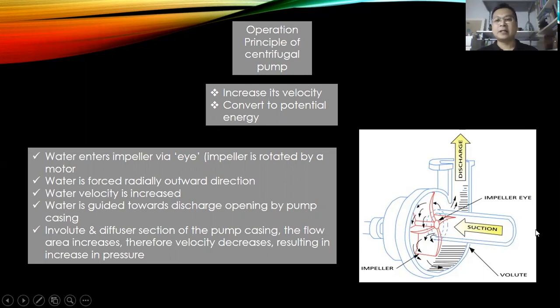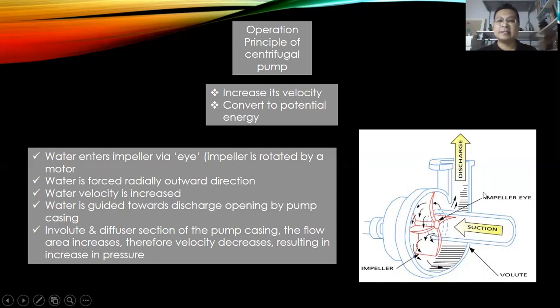Water enters the impeller from the axial direction, and the water is forced radially outward, and the water velocity is increased. The water is guided toward the discharge opening by the pump casing involute, and toward the discharge section of the pump casing the flow area increases, therefore velocity decreases, resulting in an increase in pressure.